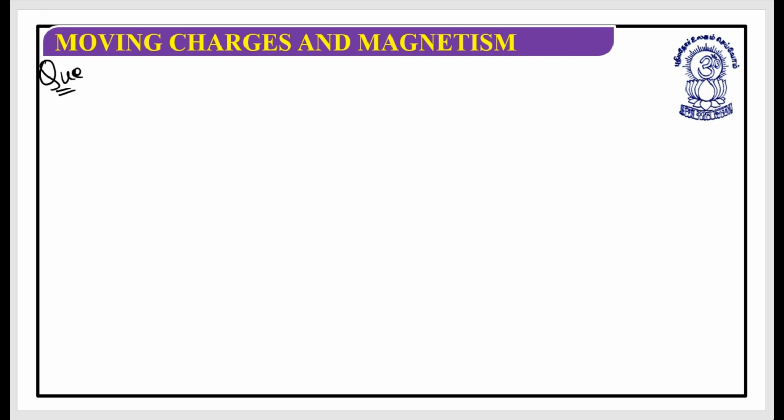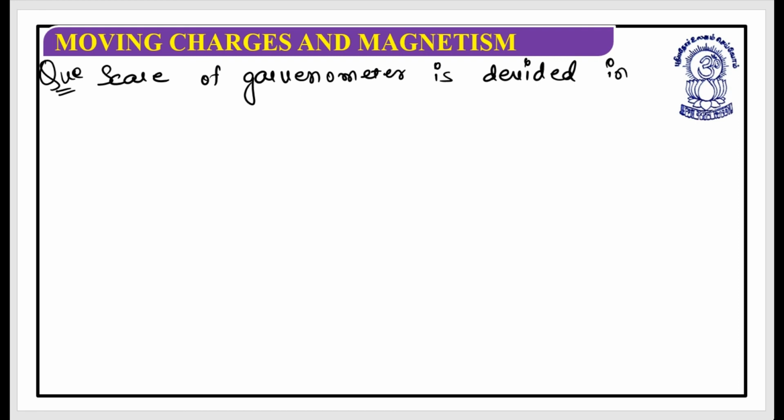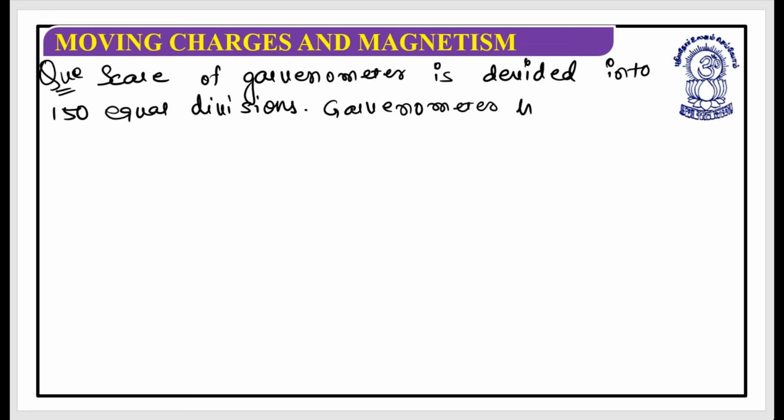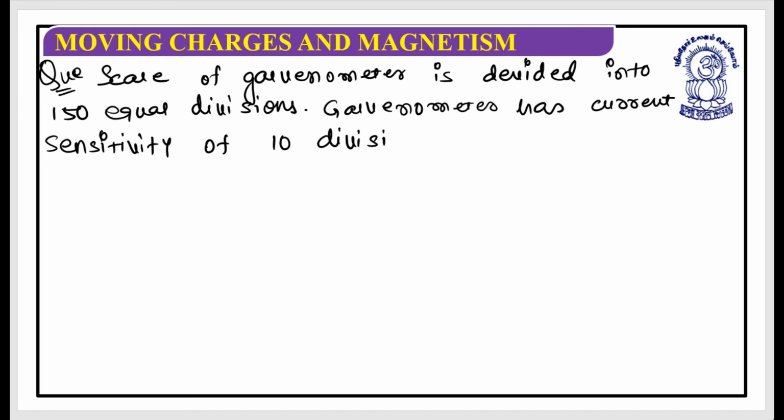It says that the scale of the galvanometer is divided into 150 equal divisions, and the galvanometer has a current sensitivity of 10 divisions per milliampere. I hope this is clear.